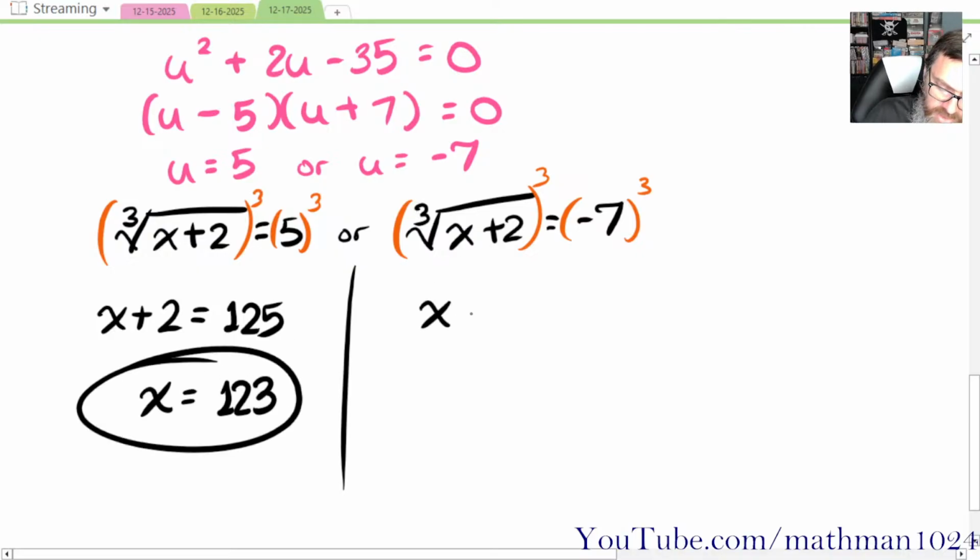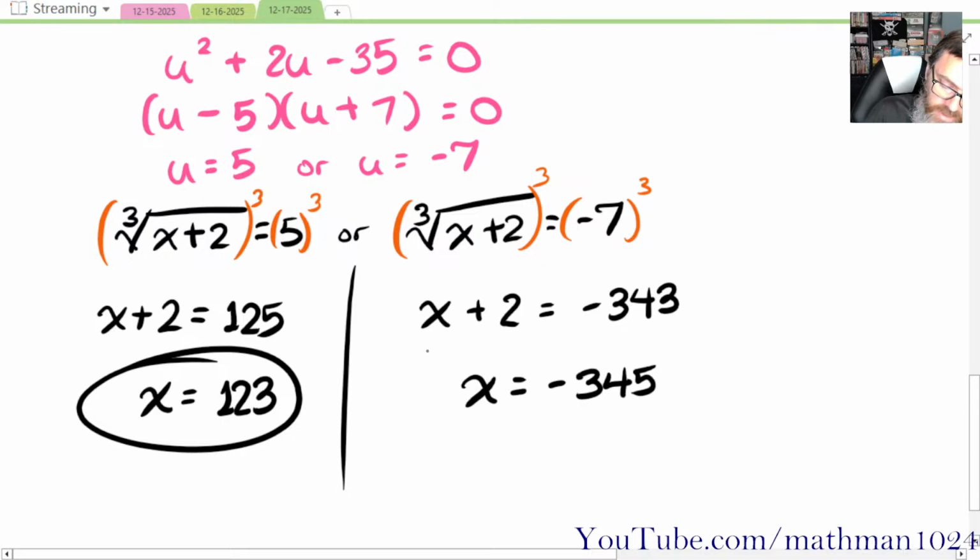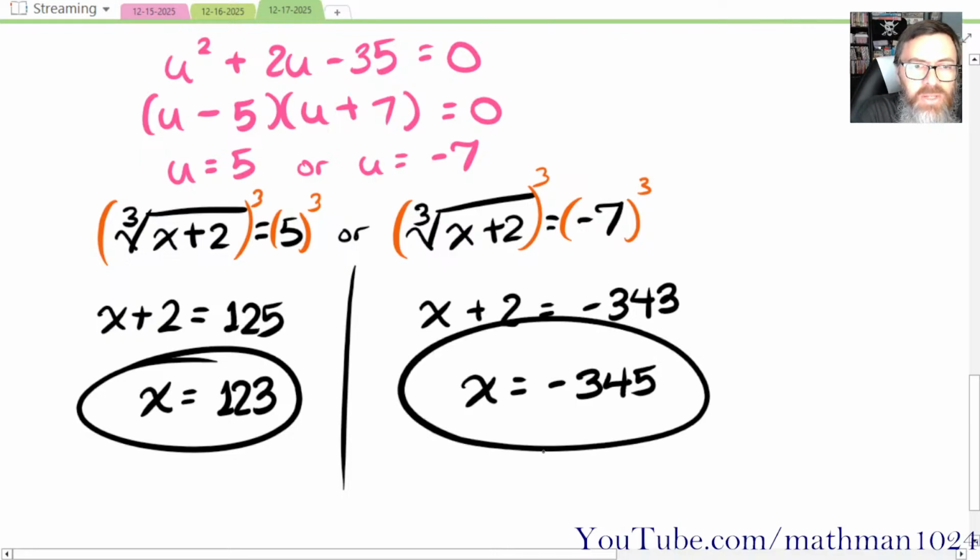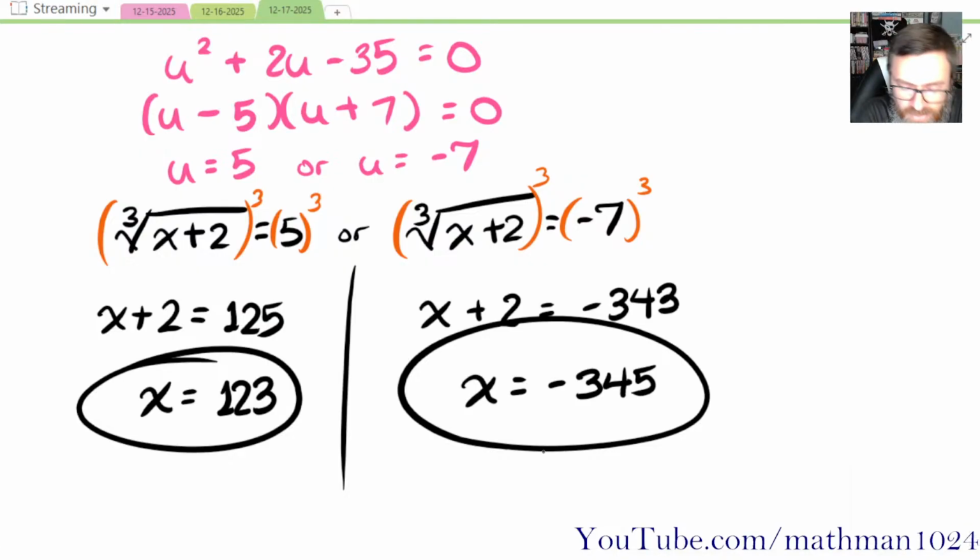On the other half of this, x plus 2 equals negative 343, which means x equals negative 345. So 7 to the third is 343, so if it's a negative, it's a negative 343. But the idea behind each of these is exactly the same.